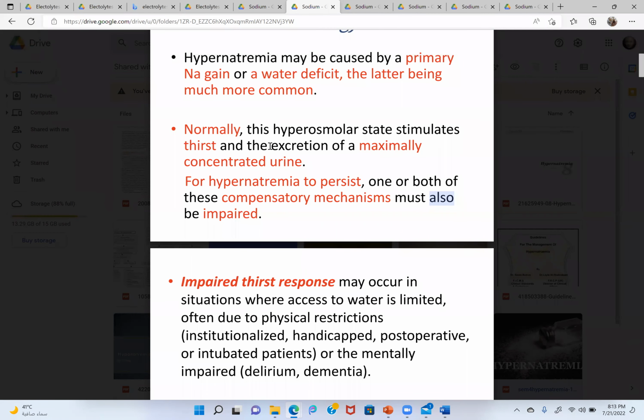The patients who are not conscious, or who have a condition like dementia, who are not responding to this mechanism which we usually have, will develop hypernatremia.